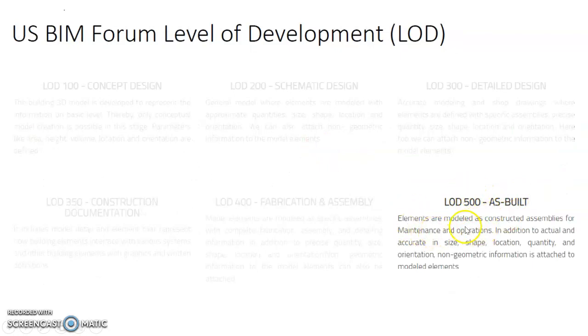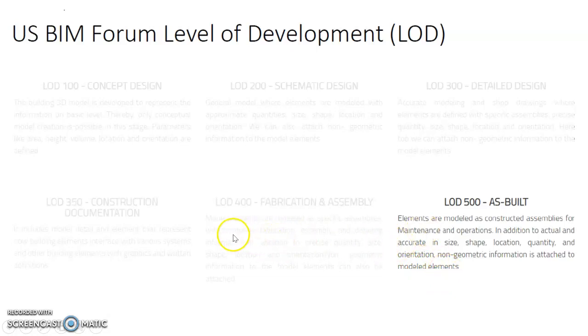The elements are modeled as constructed assemblies for maintenance and operation purposes. So in addition to actual accuracy in size, shape, location, quantity, and orientation, non-geometric information is also attached to the model element for the purposes of operation and maintenance.